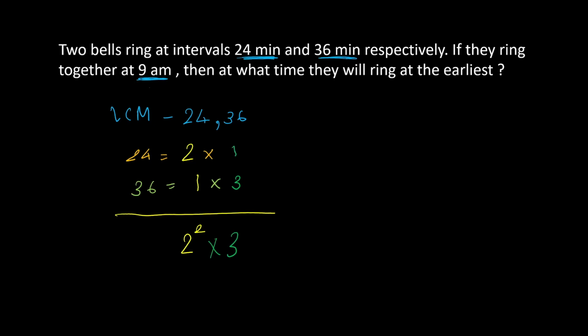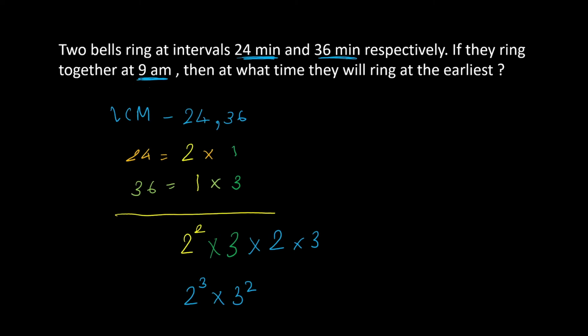Now you can see there are 2 extras here. For HCF this works, this is the HCF of these two numbers. But for LCM we are supposed to include these two, so we write on the side times 2 times 3. That's basically 2 to the power of 3 times 3 squared.